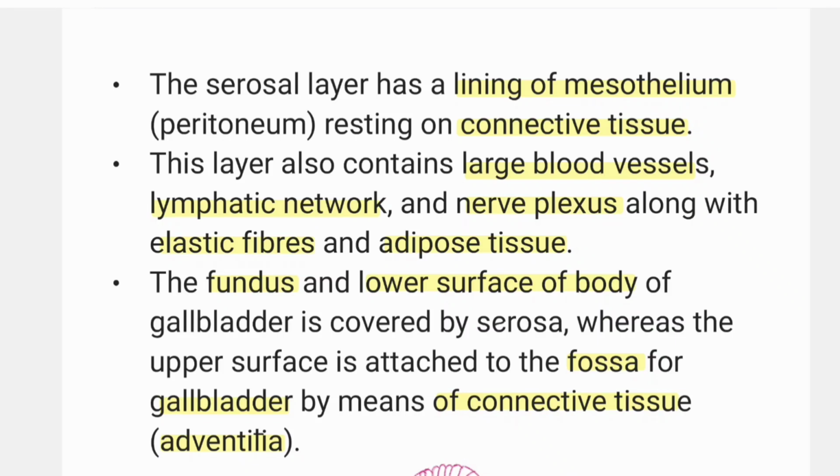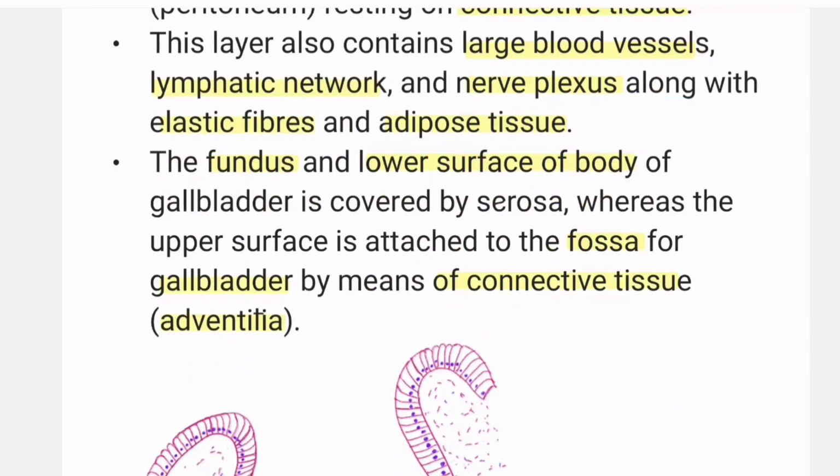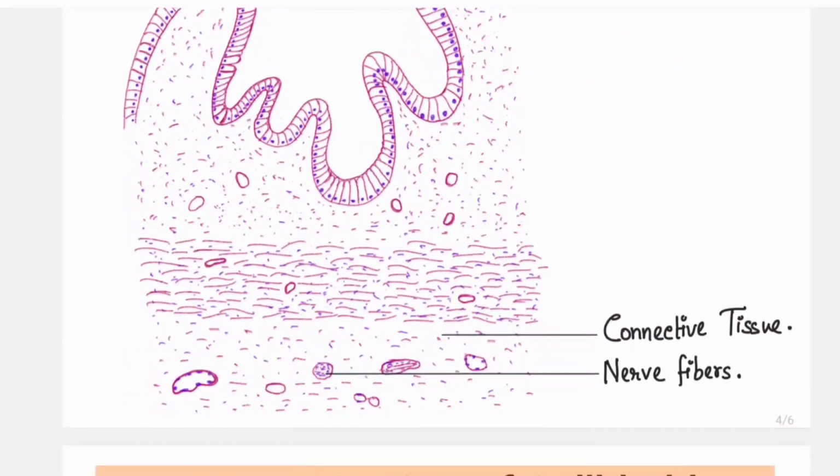So the fundus and lower surface of the body are covered by the serosa layer, and the upper surface is attached to the fossa, which is present on the inferior surface of the liver. That surface is attached by means of connective tissue, which is known as the adventitia. So this is the serosa layer, here the connective tissue, and some nerve fibers are also present.